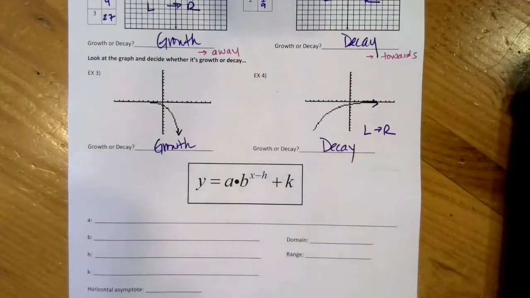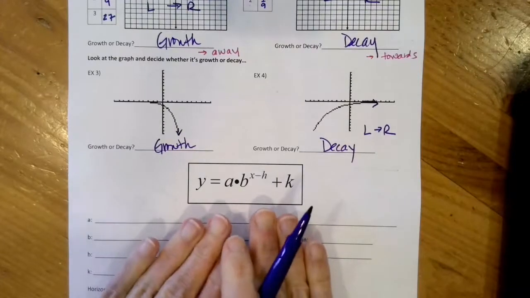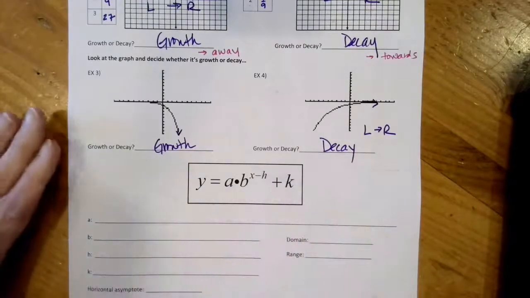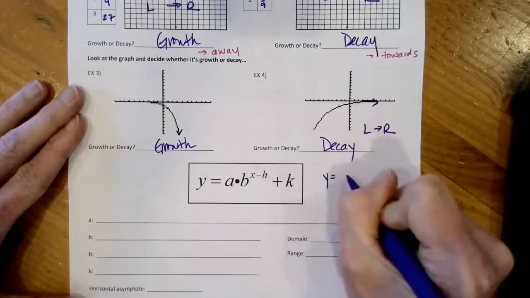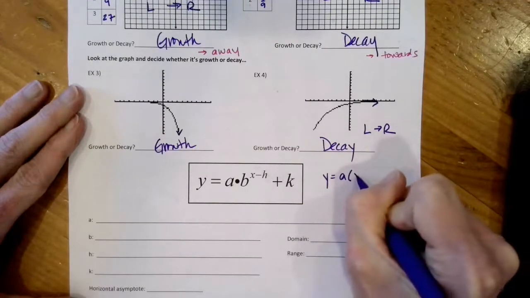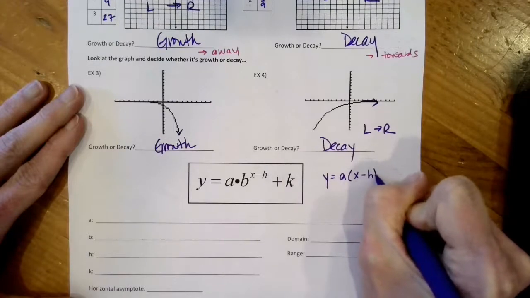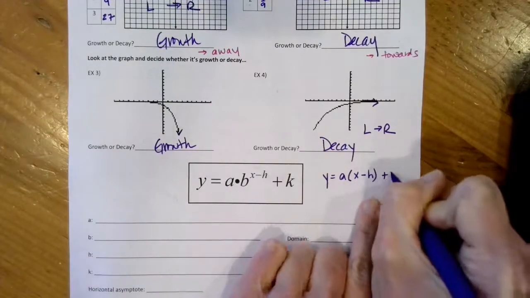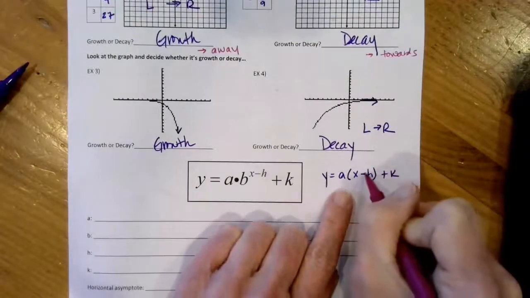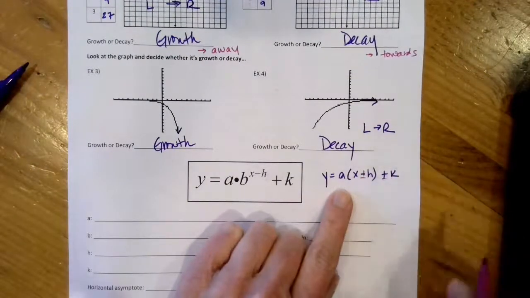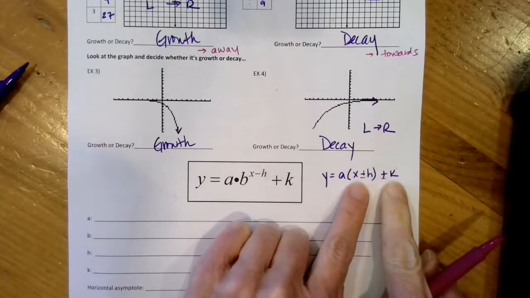Okay, so here we have a basic format that I know you remember because it's very similar to what you've seen in the past. You're used to seeing something like this, where we have x minus h, and then we have k, and we recognize that maybe this is plus or minus, depending on how it's going.